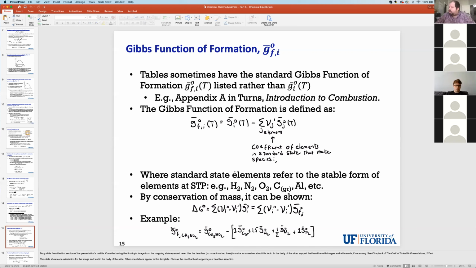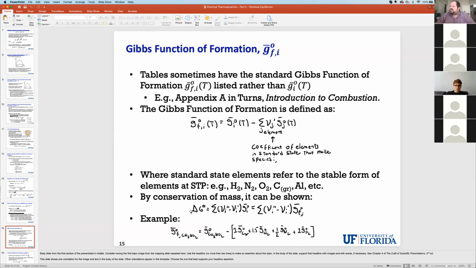but those elements are not the normal elements that you think of. They are elements in their standard state, where again standard state means the elements in their stable form at standard temperature and pressure. So that is not the H atom, but it is H2, N2, O2, carbon as graphite, aluminum, etc. Then by conservation of mass, what we really want is to find the delta G naught for chemical equilibrium.